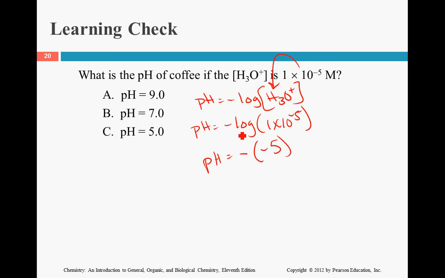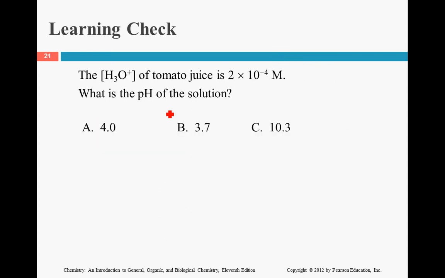When you put log of 1 times 10 to the negative 5 into the calculation, it should come out to be negative 5, which is then going to equal 5.0. Alright, we're going to do another one. We're going to use the exact same equation we have been.